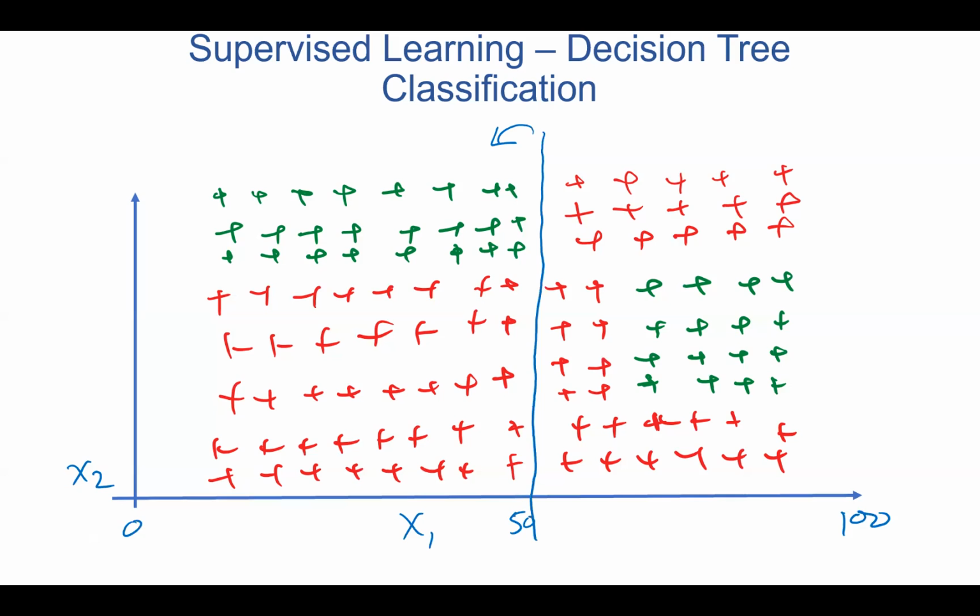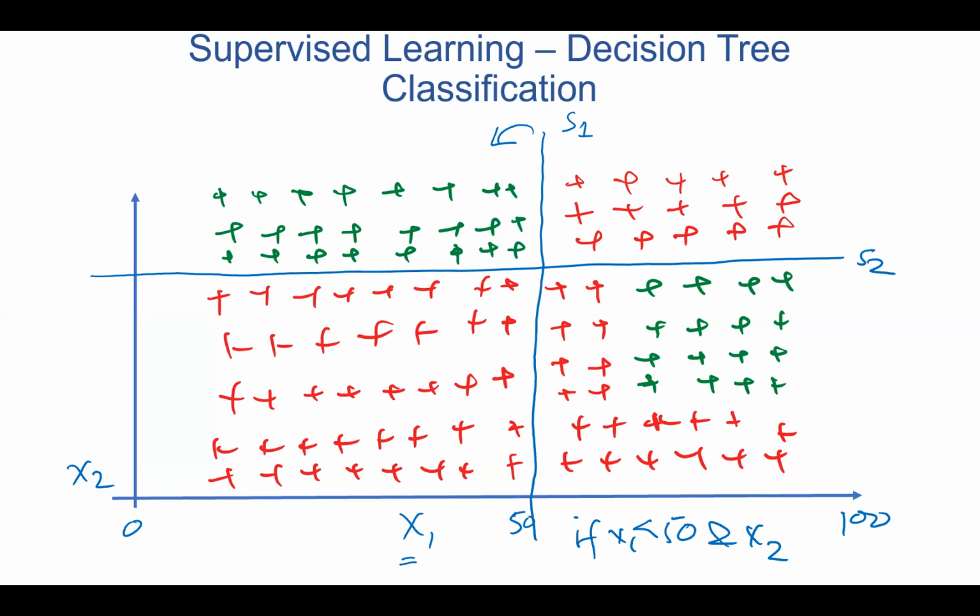We can say, if x1 is less than 50, and let's make split number 1 and then split number 2, and x2, let's say this is 70, is greater than 70, then the class is always plus. All the data points are assigned to class 1. Otherwise, it's class red. I should have done this plus or minus, right?